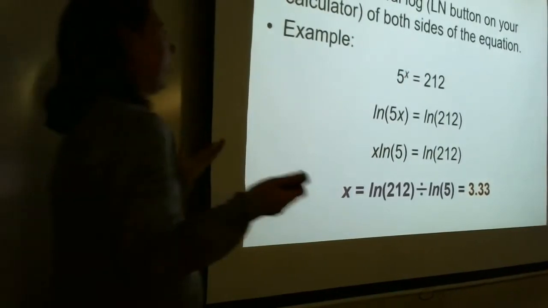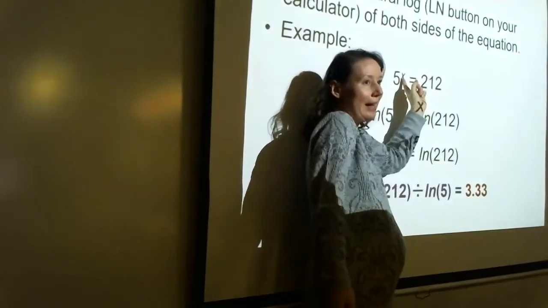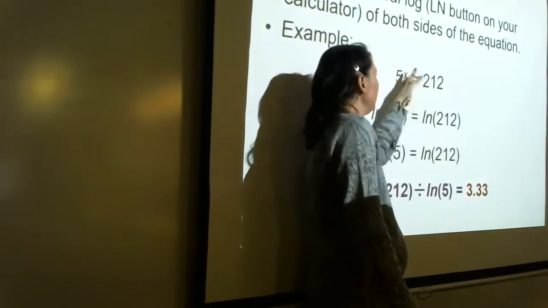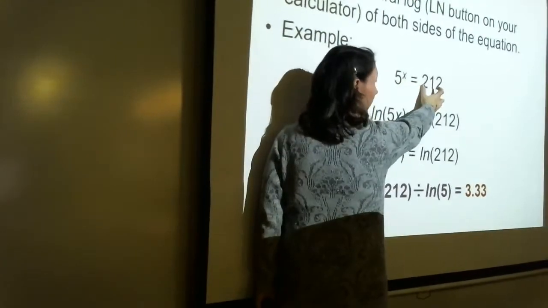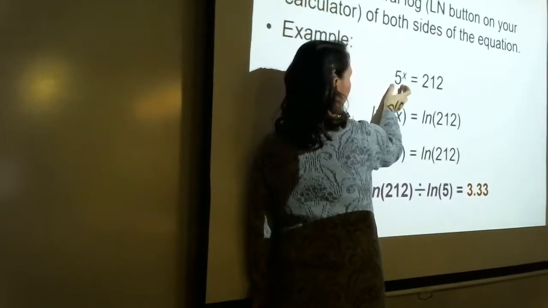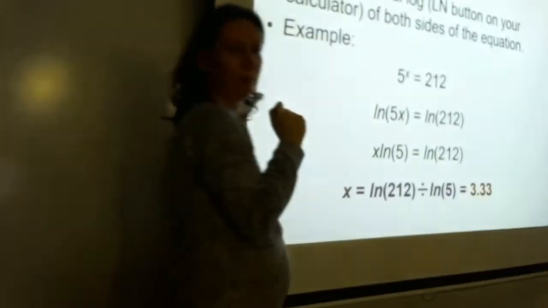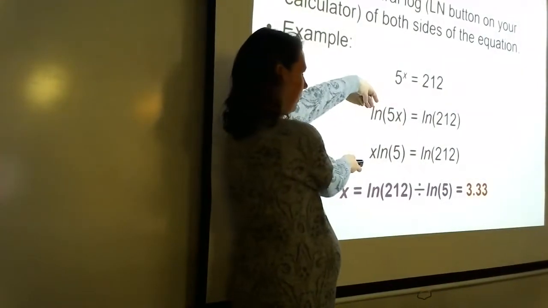So if it's x in an exponent that you can't readily just look at and figure out, you would need to use this method. You would take the natural log of whatever it's equal to and divide that by the natural log of whatever the base of the exponent is. Okay? I'm just showing you the rearrangement from the algebra standpoint.